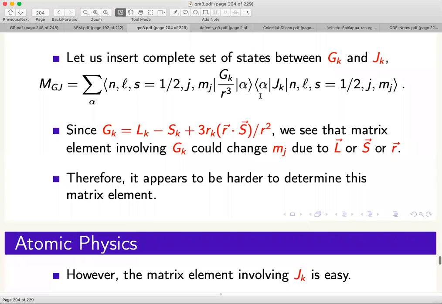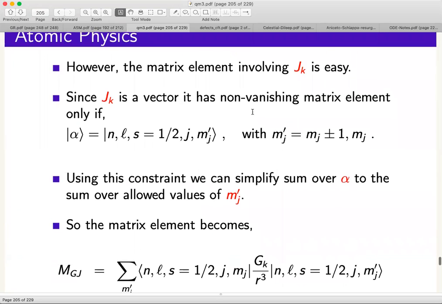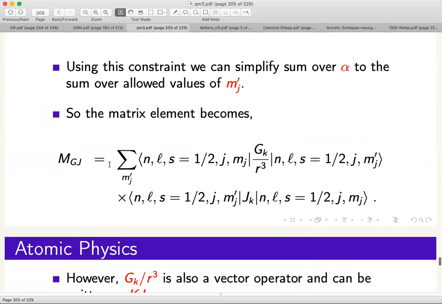And then since these states are summed over alpha, which is essentially the identity element, you get rid of that and you get jk times jk, which is the j squared operator, and you compute the eigenvalues of j squared, which are just j into j plus 1. That is a trick that we used to determine this matrix element mgj.